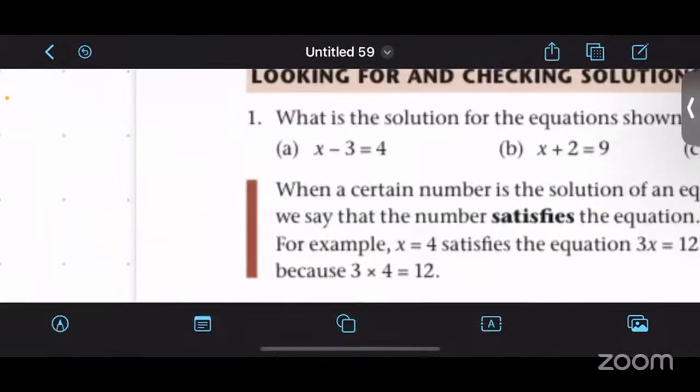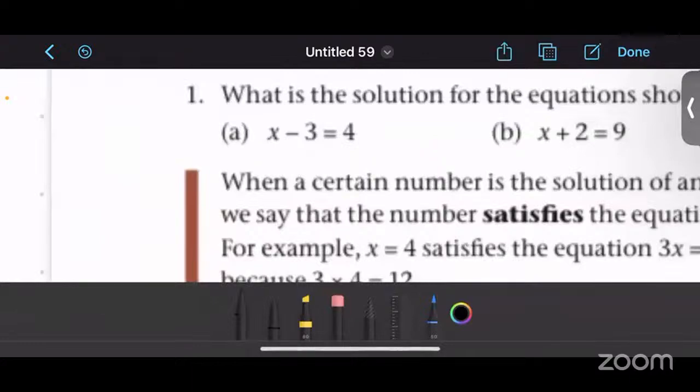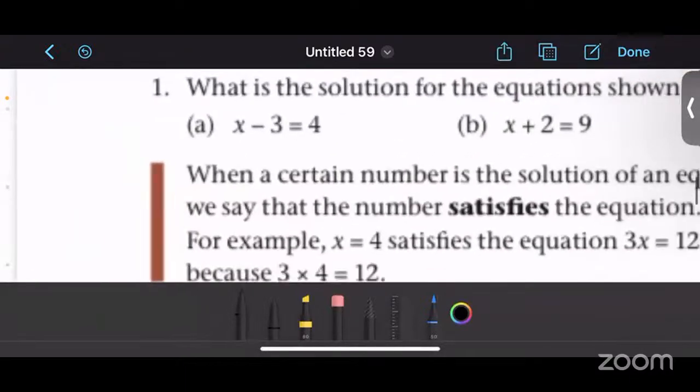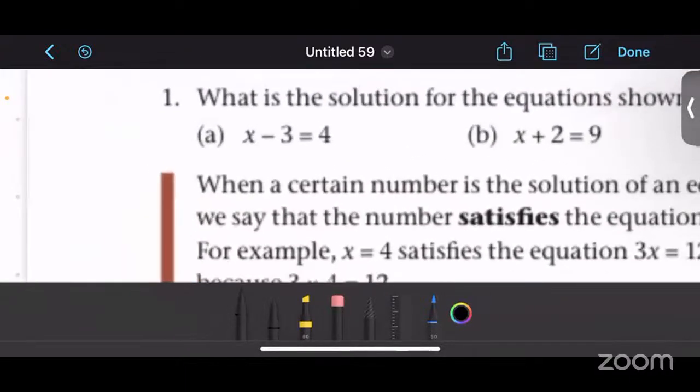So it's x minus 3 is equal to 4. So that means we have what? We're going to have x is equal to 4 plus 3, which is the same as you taking the 3 to the other side of the equal sign.